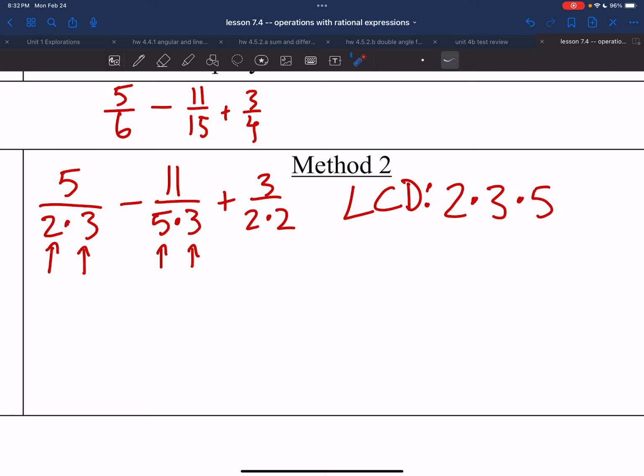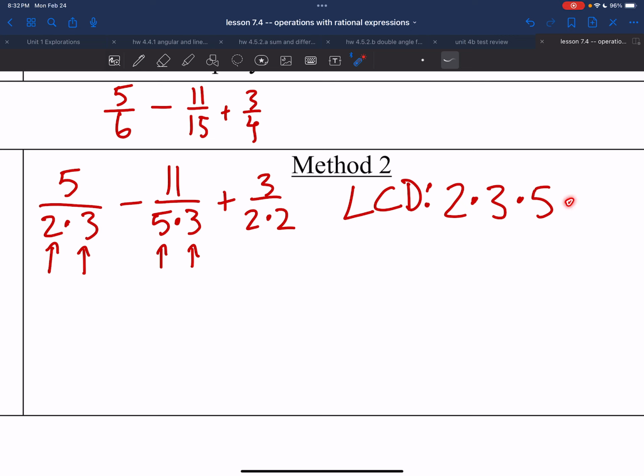First of all, that's 2 times 3, that's 6. 6 times 5 is 30. Is 30 divisible by 3? Yes, it is. So the thing is, this 3 that's in the denominator, you already have it in your LCD that you're constructing, right? It's already present there. So it's already common or shared between this fraction and this fraction.